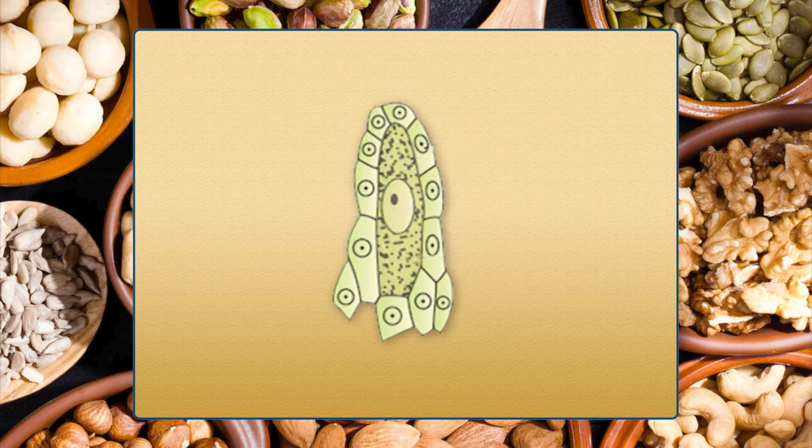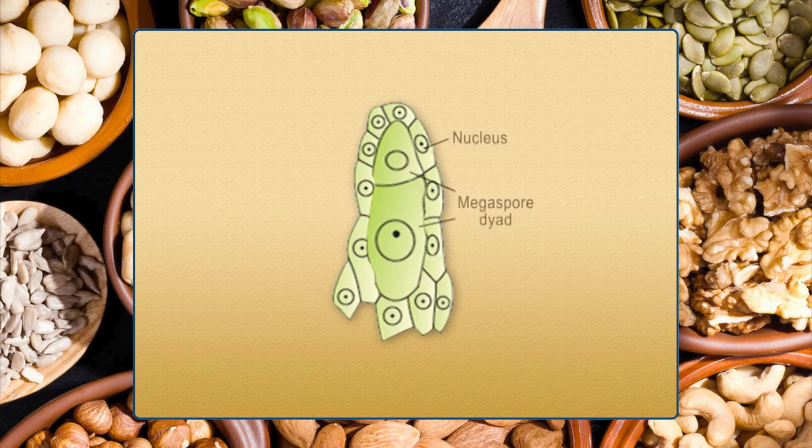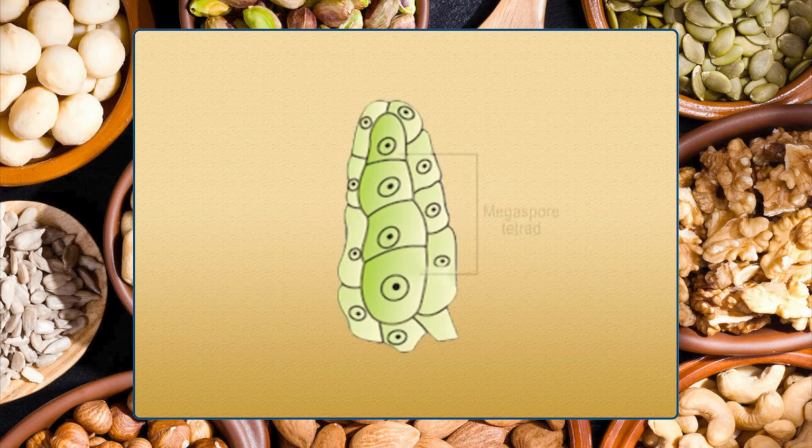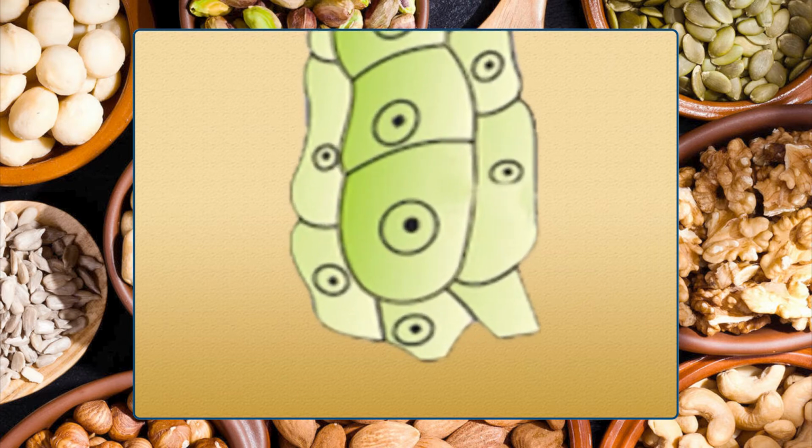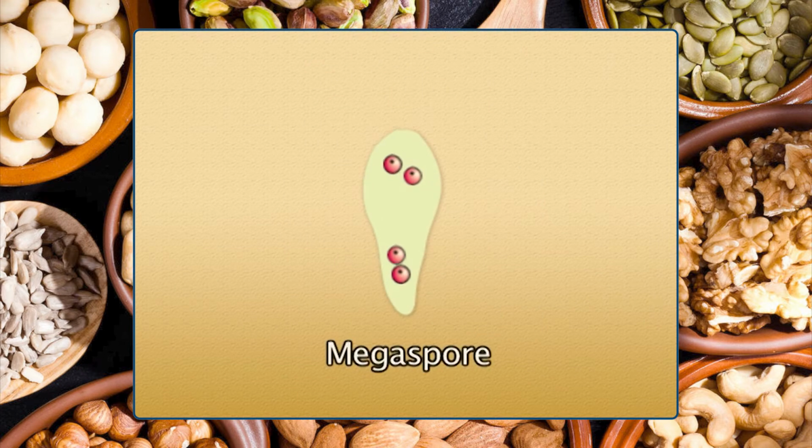The megaspore mother cell undergoes meiotic division and produces 4 megaspores. In a majority of flowering plants, one of the megaspores is functional, while the other 3 degenerate. Only the functional megaspore develops into the female gametophyte, that's embryo sac. Development of the functional megaspore from the megaspore mother cell is called megasporogenesis.